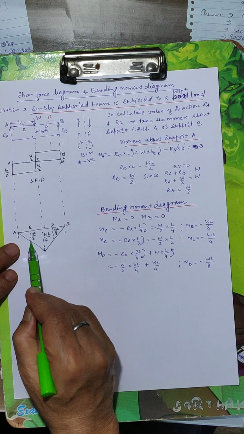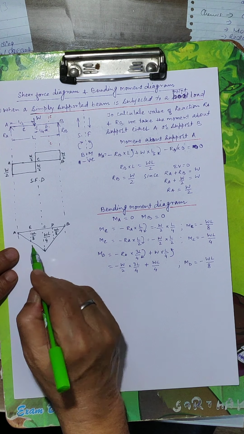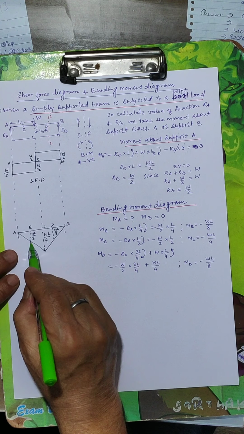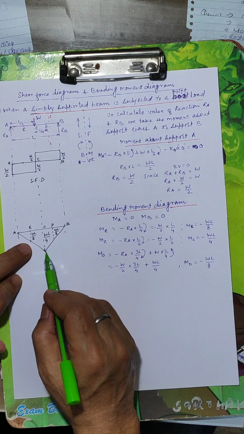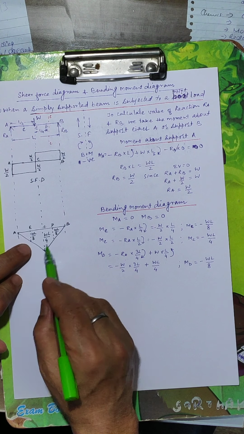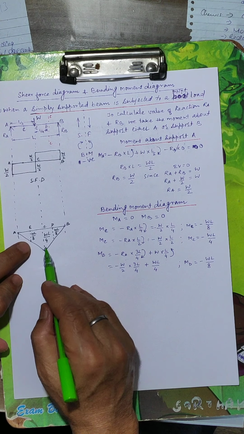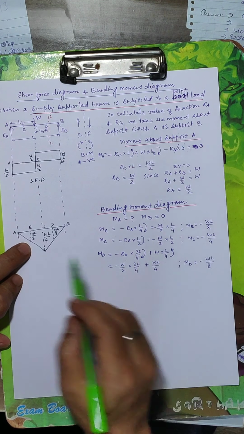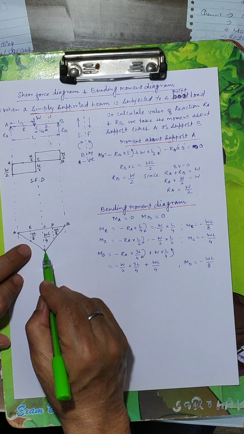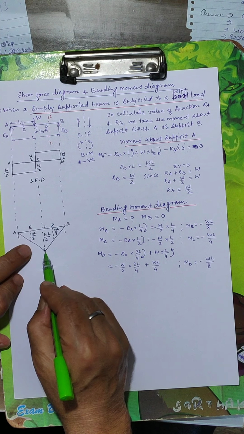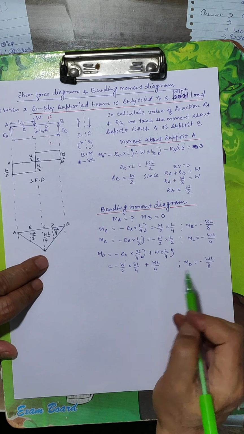We put the value, we draw a point here, and at C it is negative, so we are going downward. At C, moment at C, WL by 4. From WL by 4 we mark a point again here, and then MD minus WL by 8.